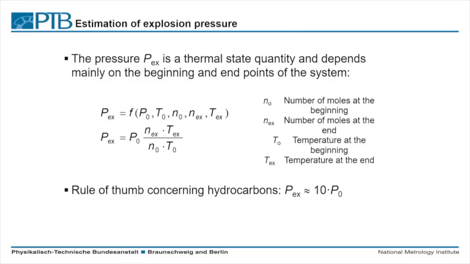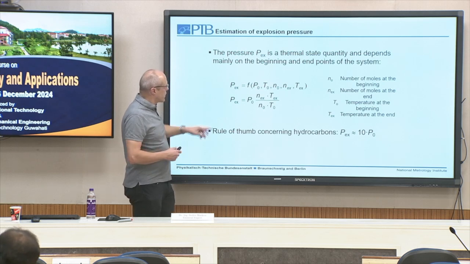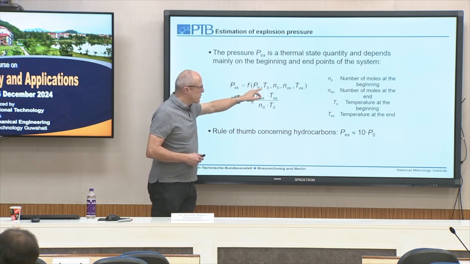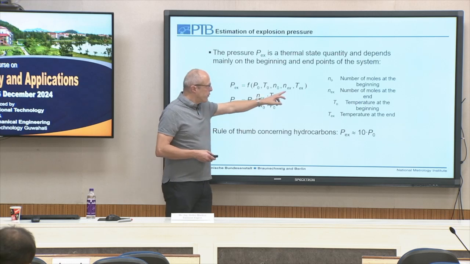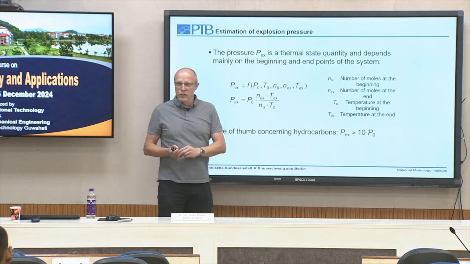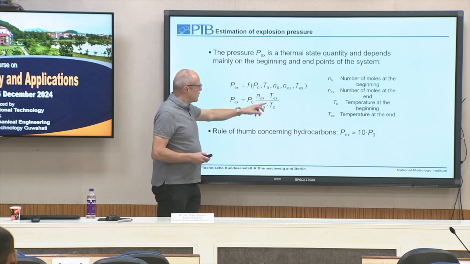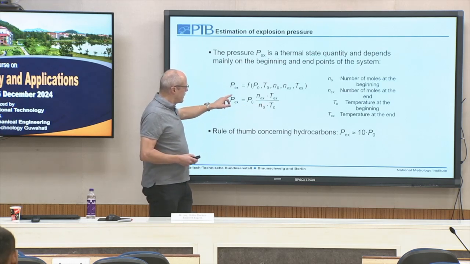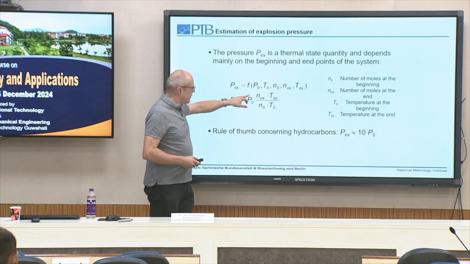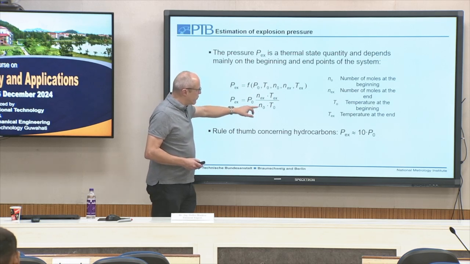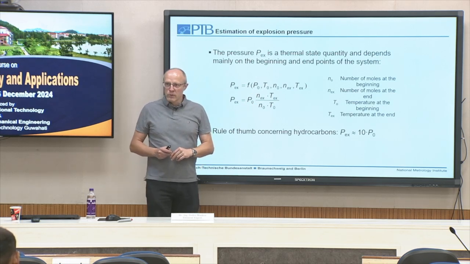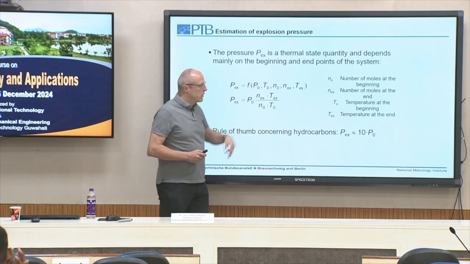But normally we do not want to know all the details. So first of all, why is there an explosion pressure? The explosion pressure depends on our initial conditions and on the final flame temperature and the mixture composition of the hot exhaust gas. So it can be calculated as initial pressure, ratio of change of molecules, and ratio of change of temperatures.